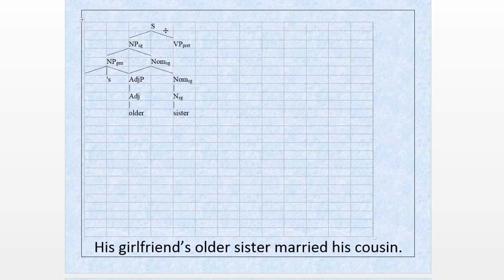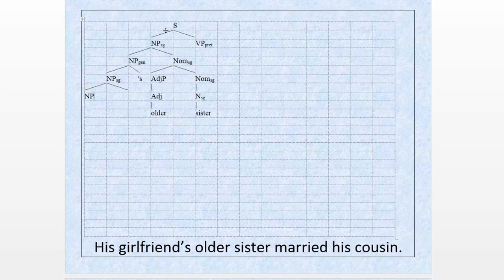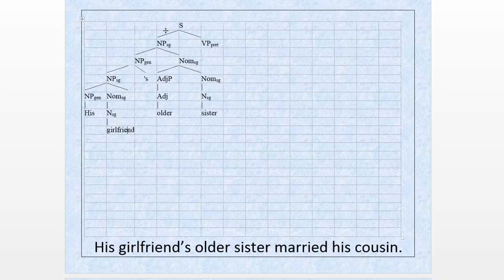So we've got apostrophe S here. That's the thing that's functioning to combine with the noun phrase. The noun phrase is singular. His girlfriend. Let's draw that in. Then it has an NP gen, functioning as a determiner, his, and here we can do singular noun, one girlfriend, two girlfriends, so it's a singular count noun, and that'll be the structure of that one.